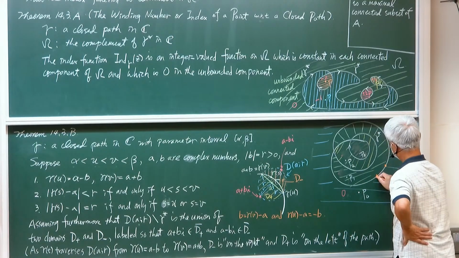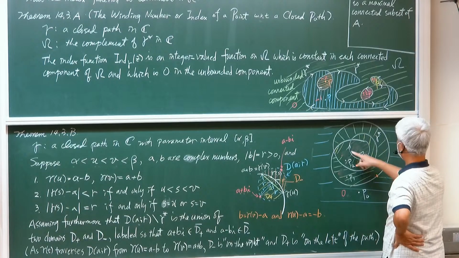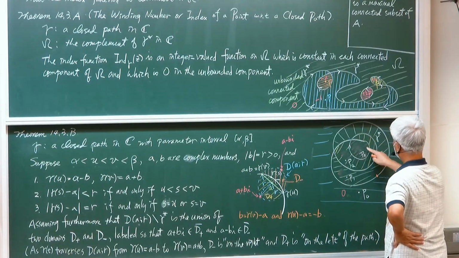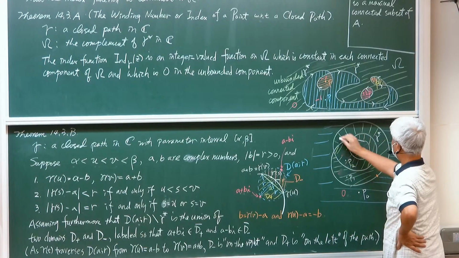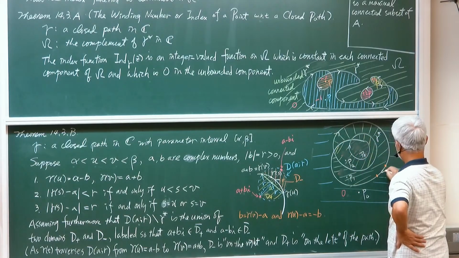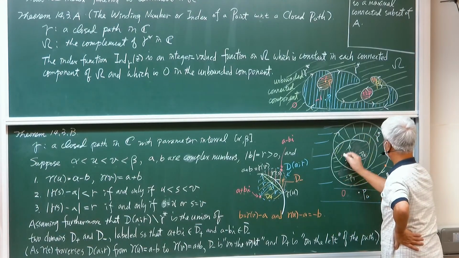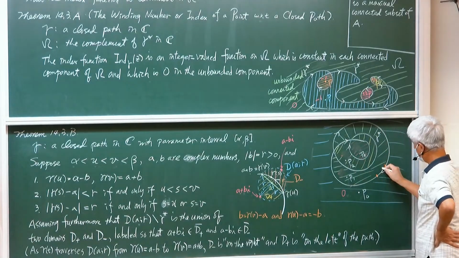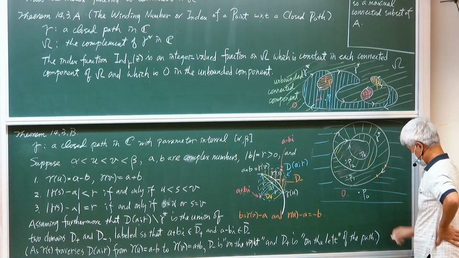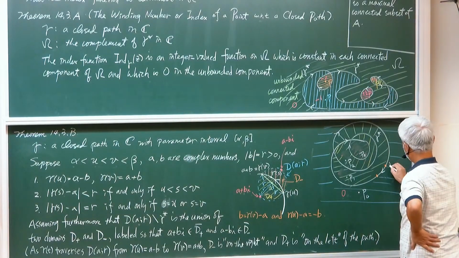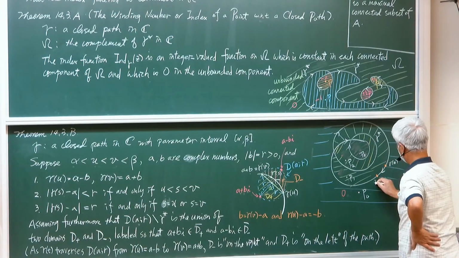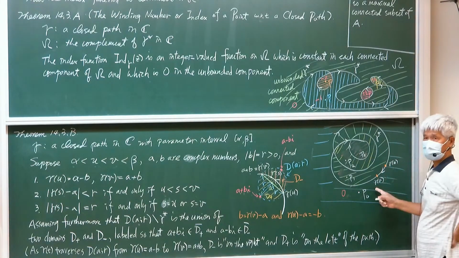Okay? And the way, let me see the direction, it's very important. Here, this way. We go this way. Now, this is gamma u and this is gamma v, right?